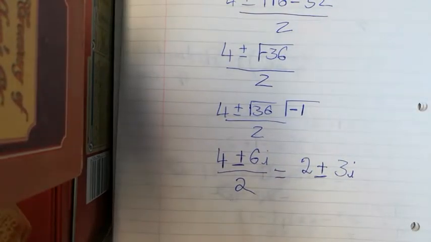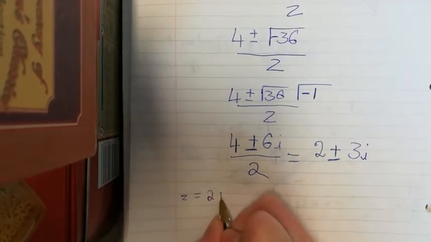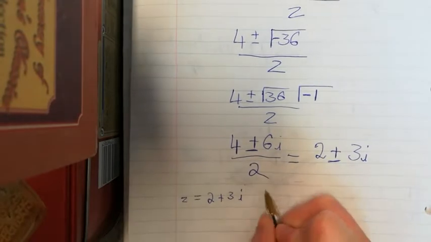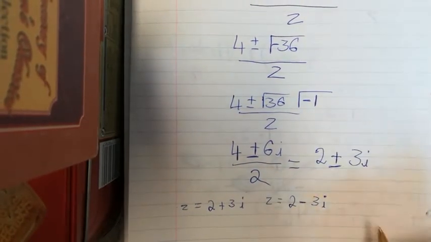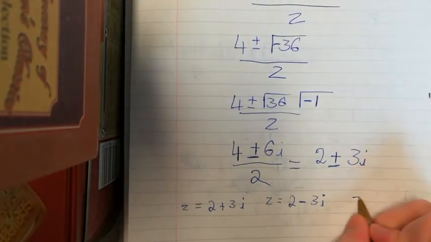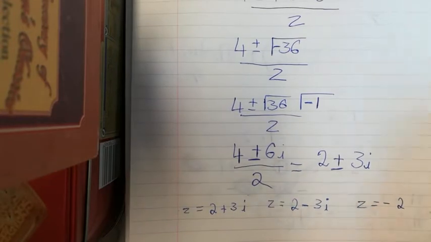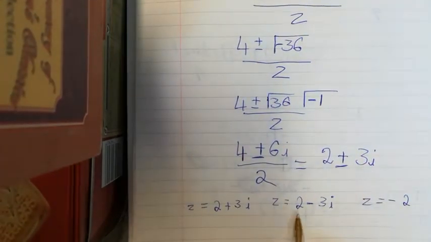So our factors are z equals 2 plus 3i, z equals 2 minus 3i, and we also figured out that z equals minus 2. We were asked to solve the equation, and we got z equal to these three values.